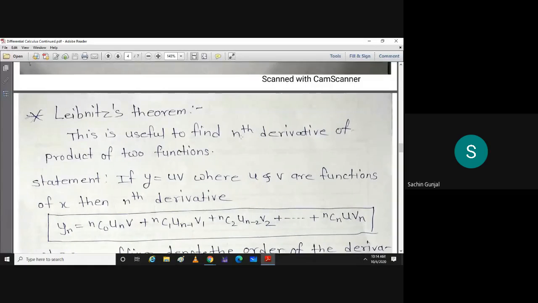But if you have something like x cube sine 3x, then how to find its nth derivative, or how to find its 50th derivative? That is the question, which was solved by Leibniz theorem.